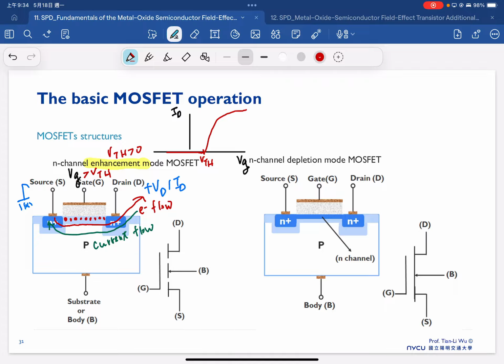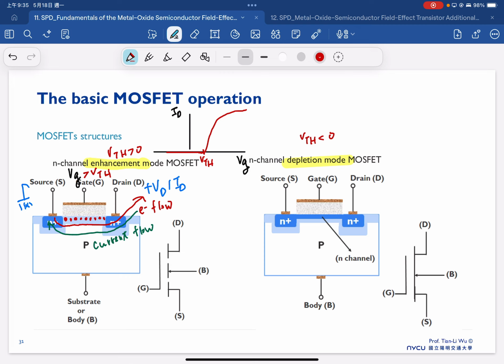On the other hand, we have another one called the depletion mode MOSFET. In the case of a depletion mode MOSFET, we have a negative threshold voltage, so the threshold voltage is generally smaller than 0 here.